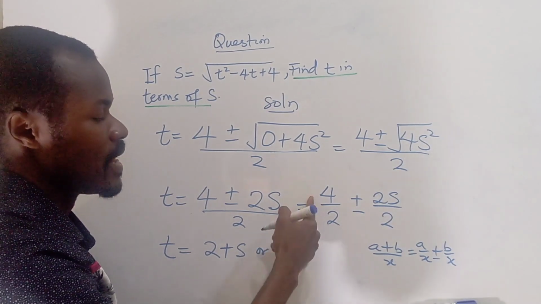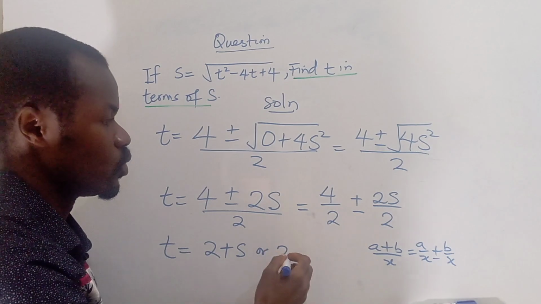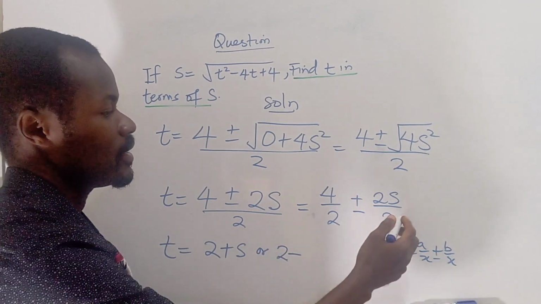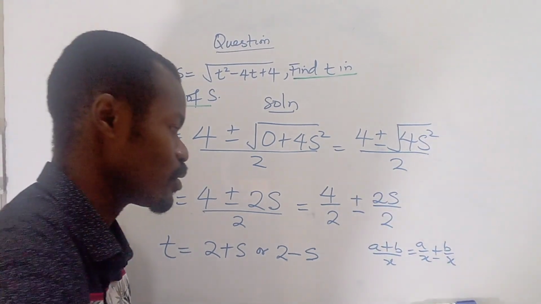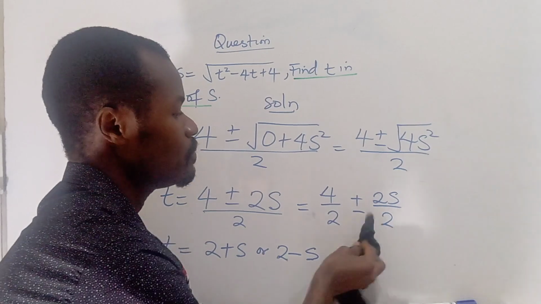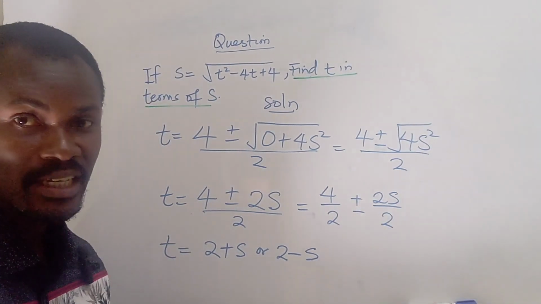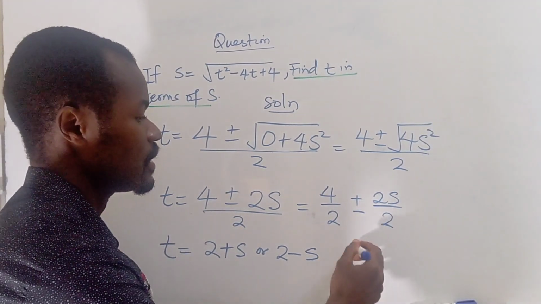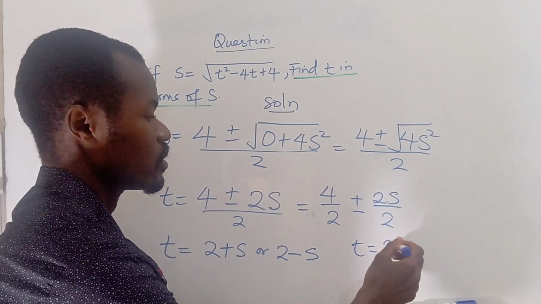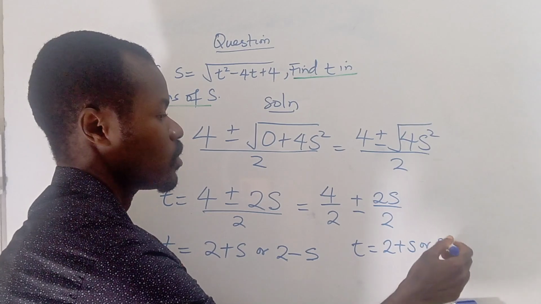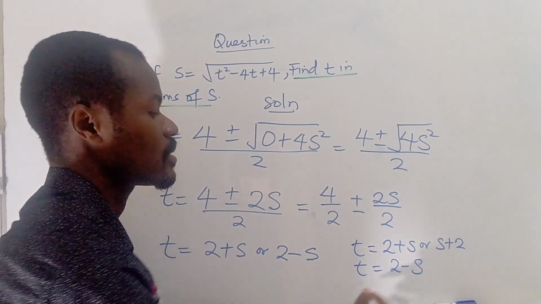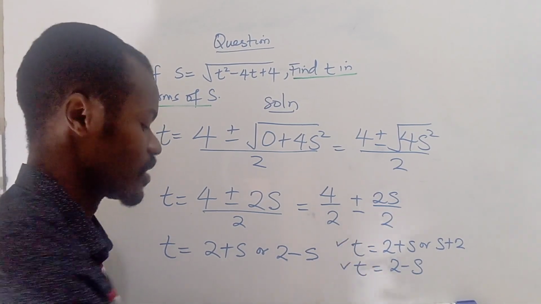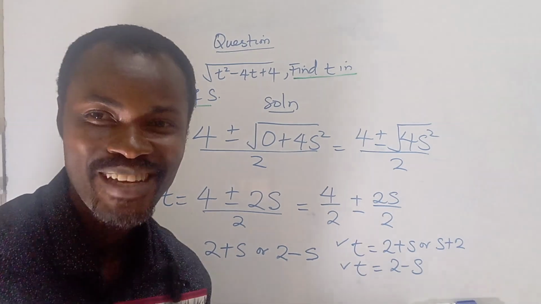Or 4 divided by 2 is 2, minus, the 2 cancels out, we are left with s. So our two solutions in this problem, if we make t the subject, are t equals 2 plus s, or s plus 2, and t is also equal to 2 minus s. These two solutions give us the answer to this problem.